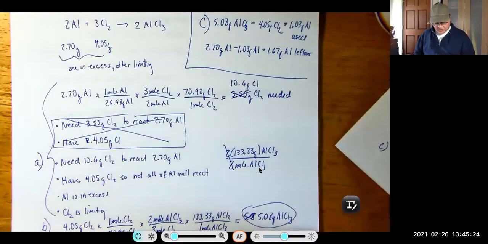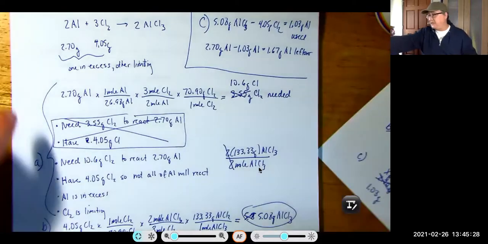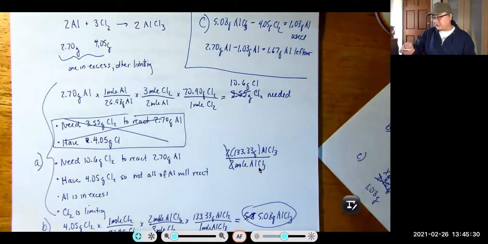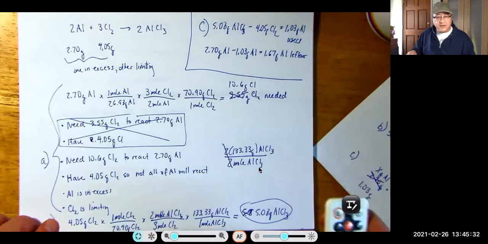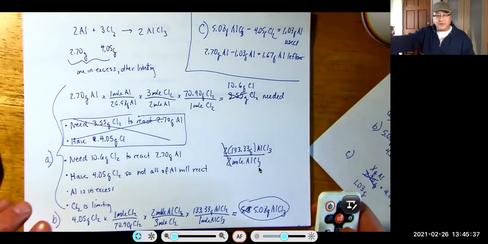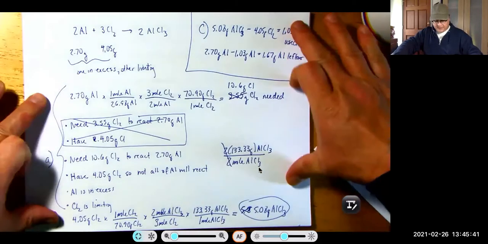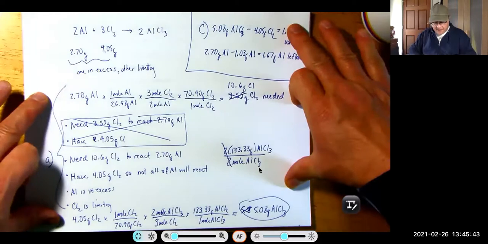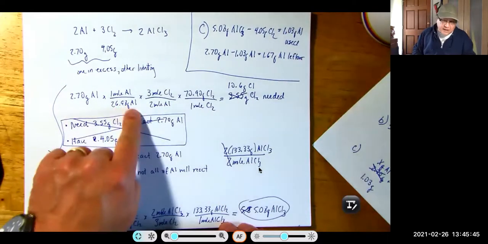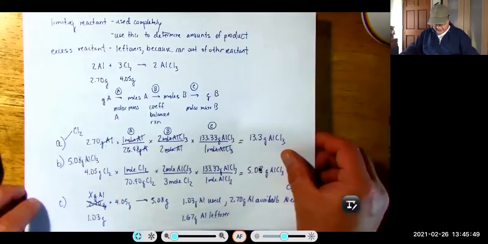Okay, so if you look at the two solutions, and when I say look at the two solutions, I don't mean we're going to do a comparison of the two point by point. The comparison we're going to look at is all this work we did by finding out how much of one thing you need to react with the other, and look at how much work we did the other way.